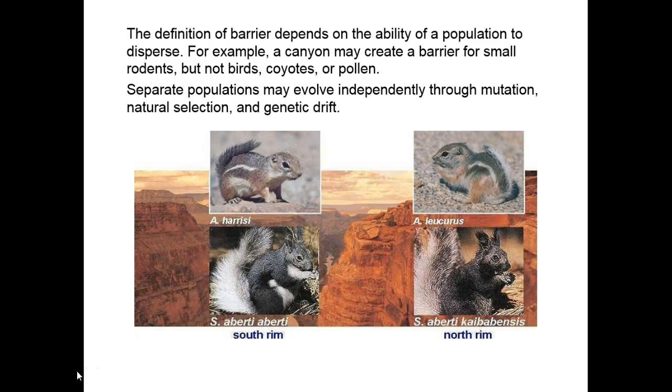They also may evolve independently via the topics we've talked about in previous chapters, through mutation, natural selection, and also genetic drift. So we aren't excluding that. We're just adding a couple more variables with regard to what has gone into the billions and billions of years and the different species that we identify.